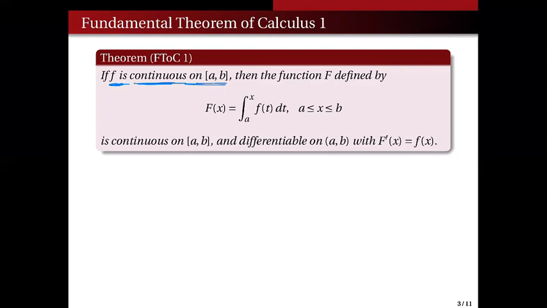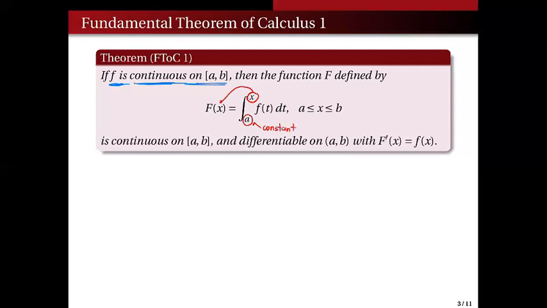here, this is your x. The x is an upper limit of integration. So the function capital F is a function of x. This x here is the upper limit. And then the lower limit is just a constant.